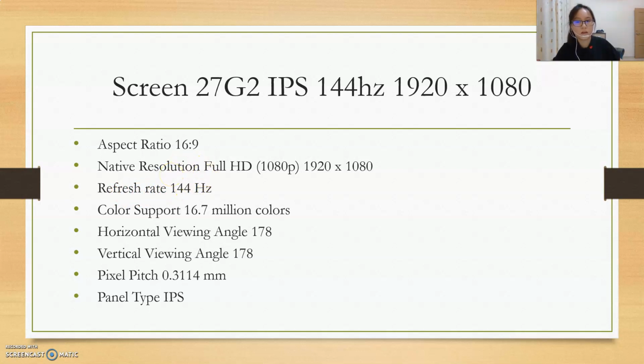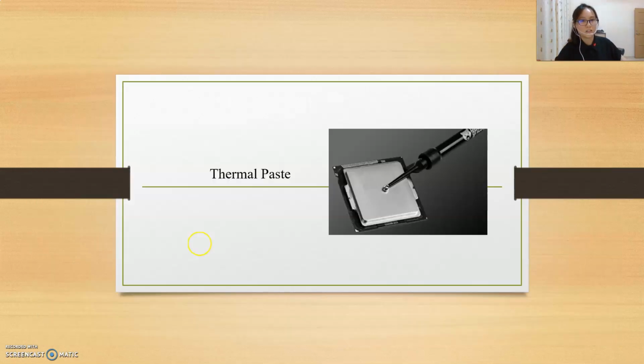It also has 16.7 million colors to support this screen, and the horizontal viewing angle is 178, and the vertical viewing angle is also 178. The pixel pitch of this screen is 0.3114 mm, and the panel type is IPS.